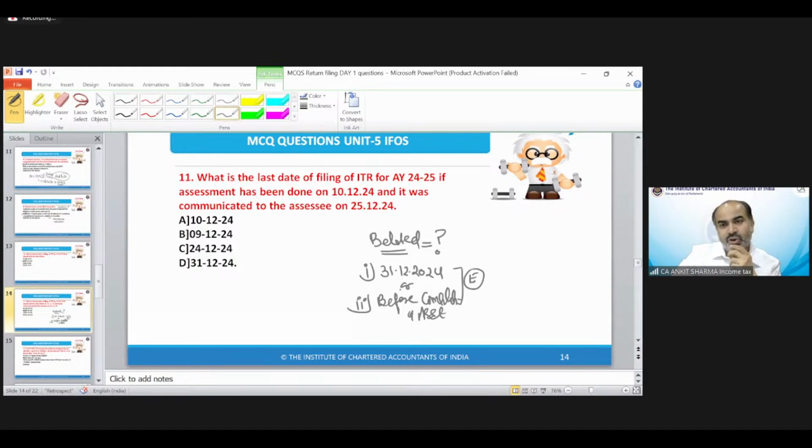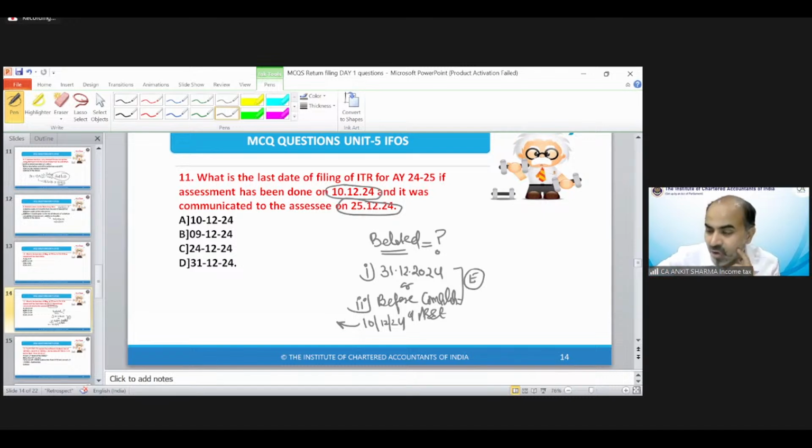31st December or before completion of assessment. Assessment has been done on 10th December 24, which has been communicated to the assessee on 25th December 24. So assessment has been completed on 10th December 24. The correct answer would be before completion.